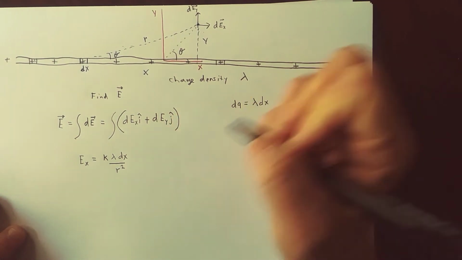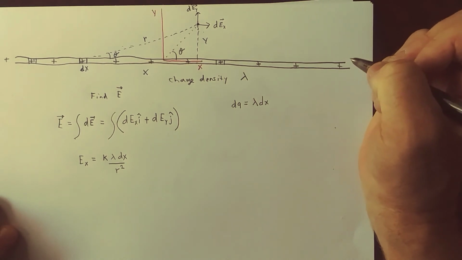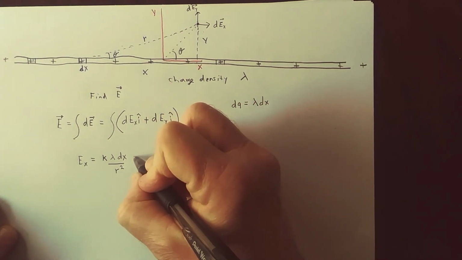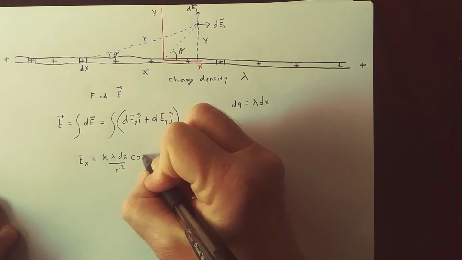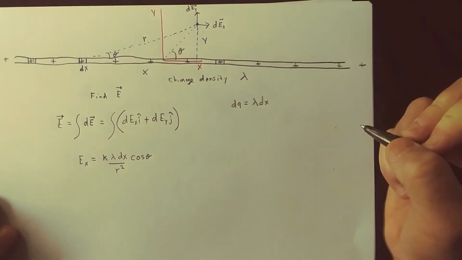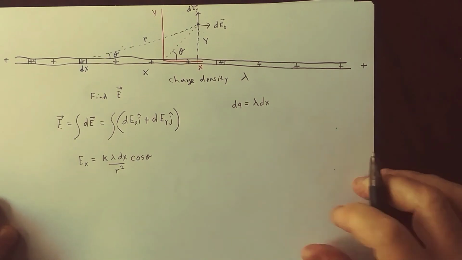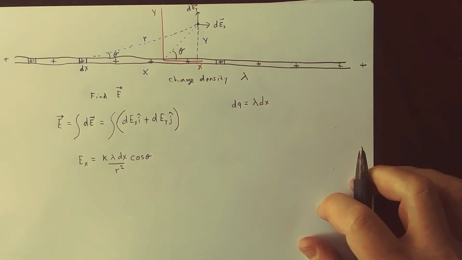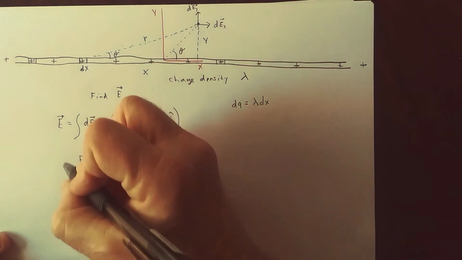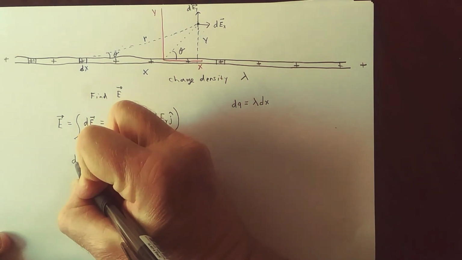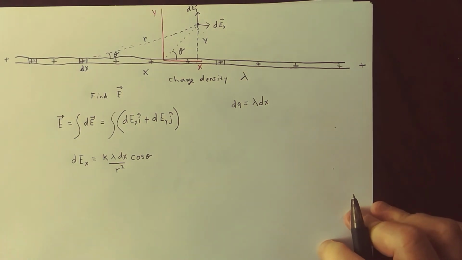We'll write it in terms of x and y in a minute. But we care about the x part of this, which involves the cosine of theta. And the y part of this will involve the sine of theta. So this is actually dEx, the infinitesimally small x component.